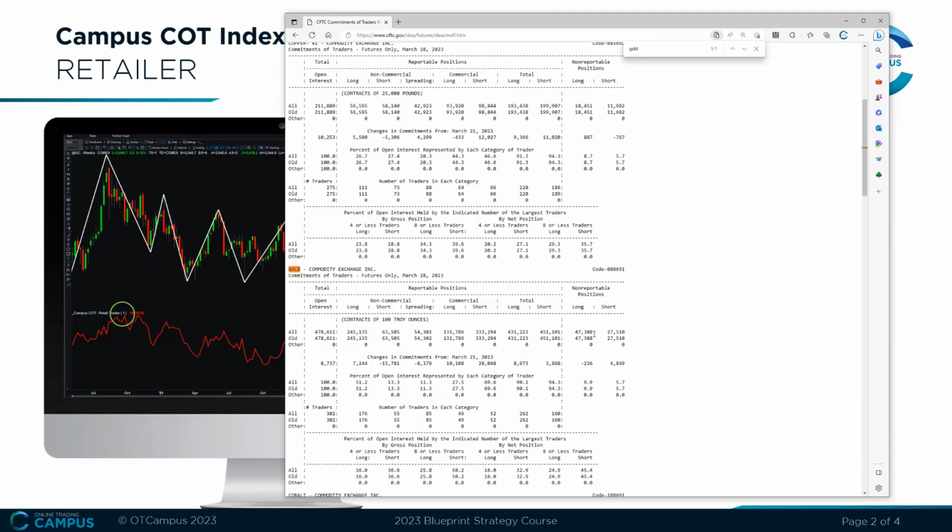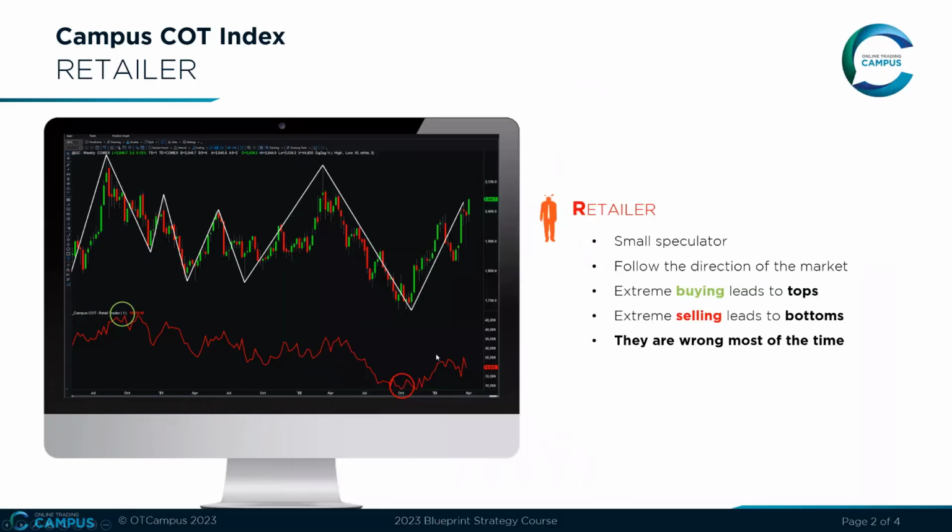The non-reportables, the longs versus the shorts, is what then flows into the retailer graph here. So again, we'll have a Campus COT retail trader, and that will track the net positions of the retail traders.